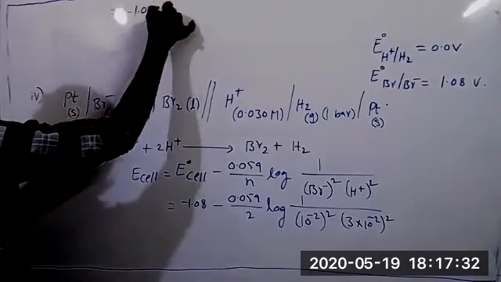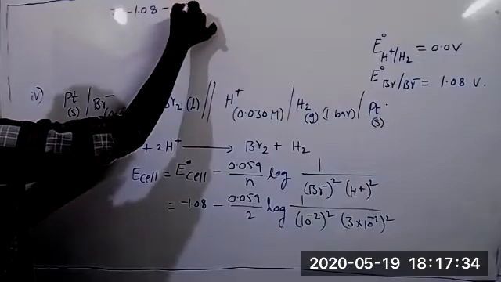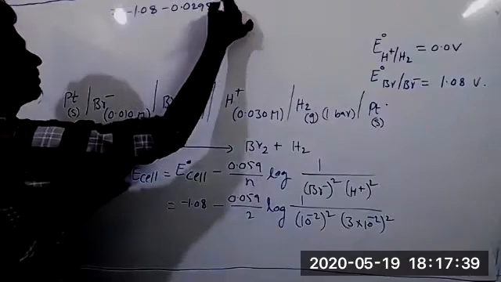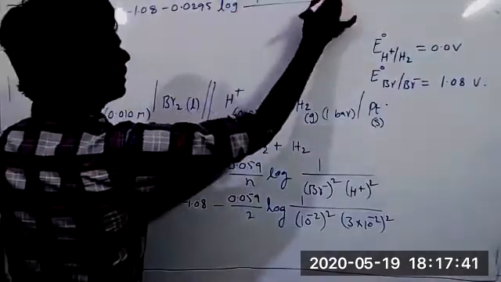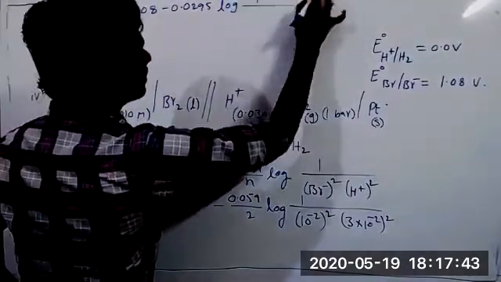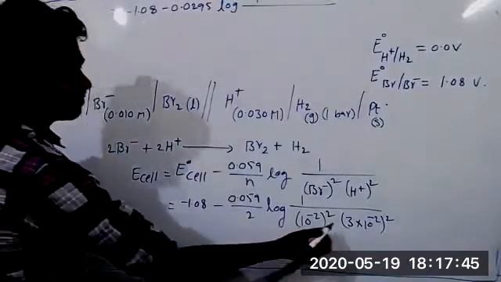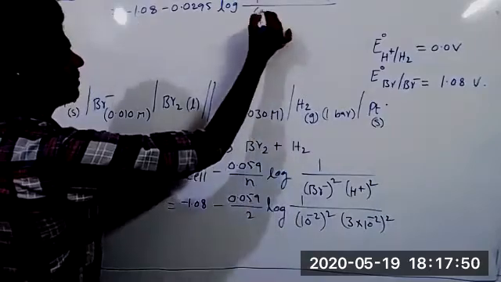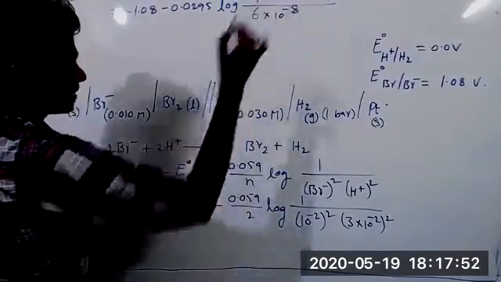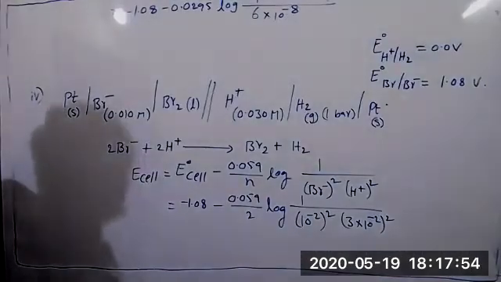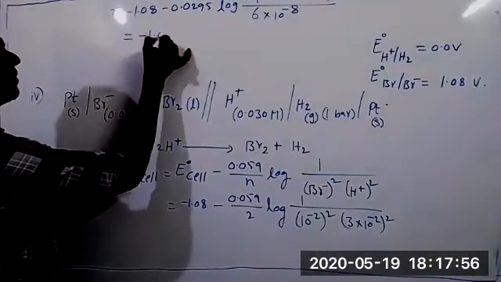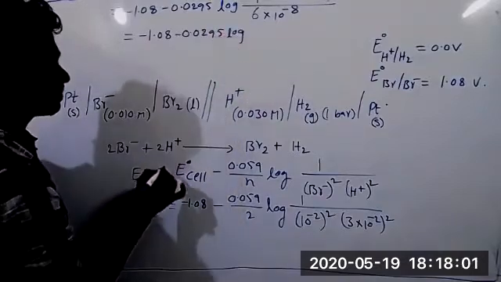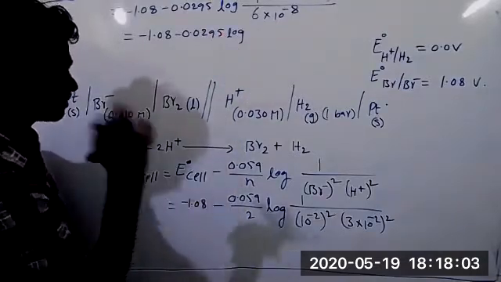1.08 minus 0.0295 log of 1 by 10 power minus 4, and 10 power minus 7 is here, 10 power minus 8, sorry. It should be 9 into 10 power minus 8.